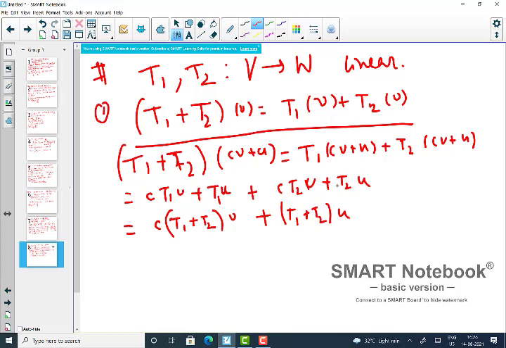Now the question is: what happens if you multiply by a constant? Whether this will be linear or not.